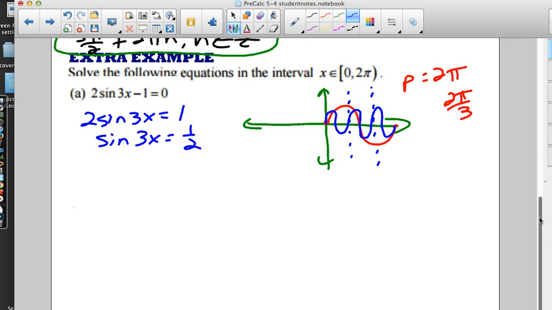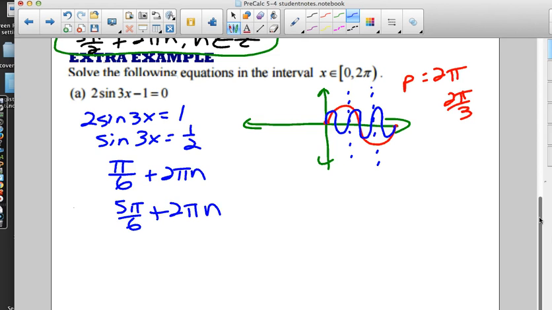It's positive. So what do we get in radians for that? Pi over 6. What's the other one? 5 pi over 6. Remember, everybody, we did that earlier. We had to come up with the positive signs. And if we wrote the answer, we'd write plus 2 pi n.